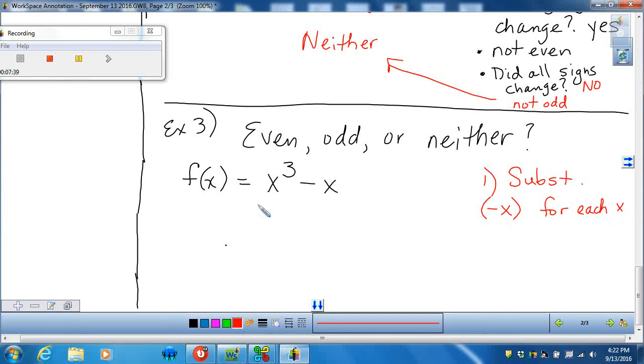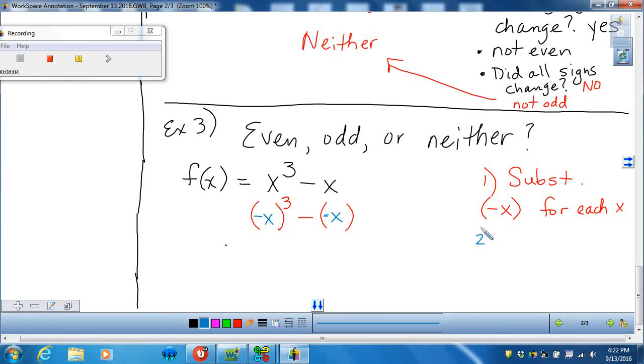So we're going to come over here where it says x cubed, take out the x, put the cubed, hold it open with some parentheses, and then for the x over here we're going to leave it open with some parentheses, and in each one of those parentheses we're going to plug in the opposite of x, or negative x.